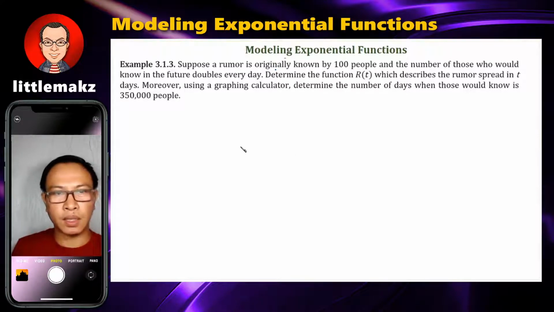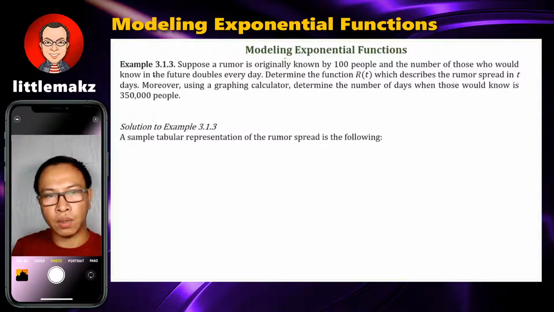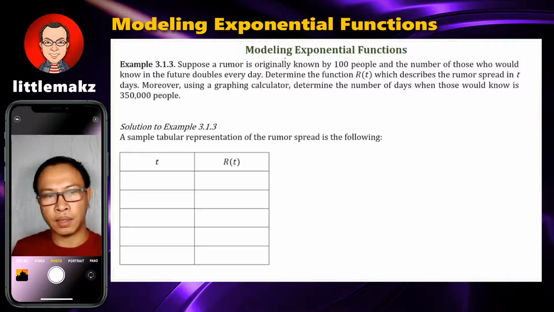So in this case, there's a need for us to form first the equation. So maybe it would just be proper for us to represent first the rumor with tables. So the table is like this. On the left column, we have here our t, and the right column is r of t.